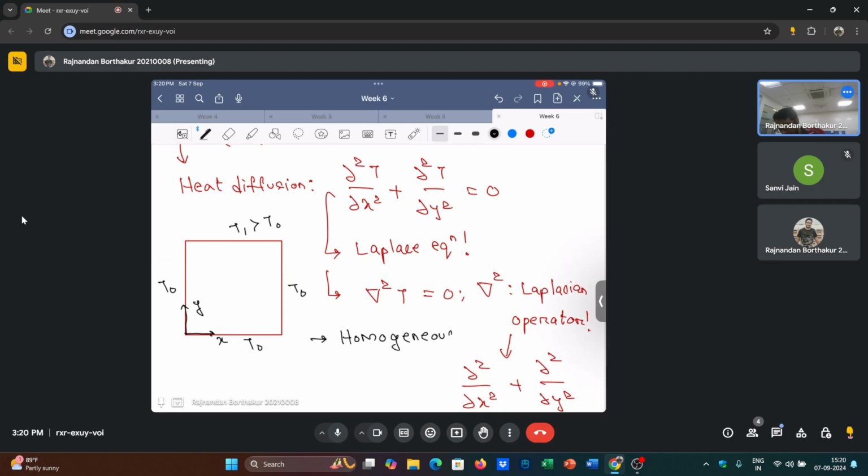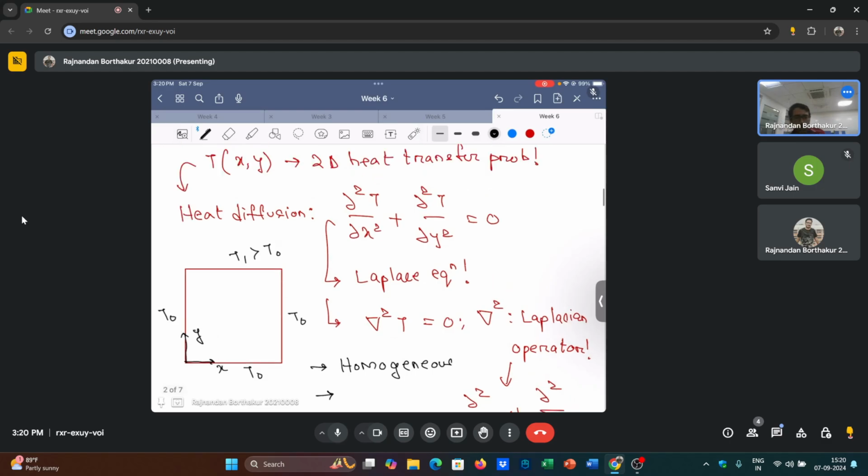Now, can you tell me, is this equation linear or non-linear? Two things you need to tell me: is this equation linear, and what is the order of this equation? Is this a linear equation or a non-linear equation?